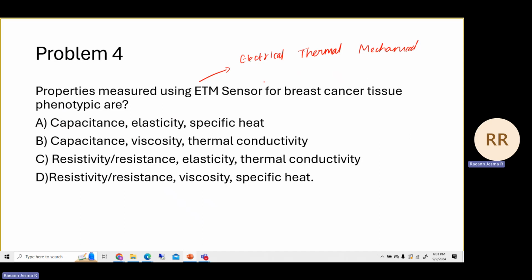Like which properties we generally measure, in any order, in order to characterize the tissue. So what do you think the answer is?